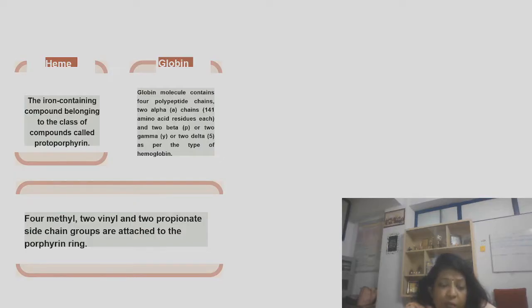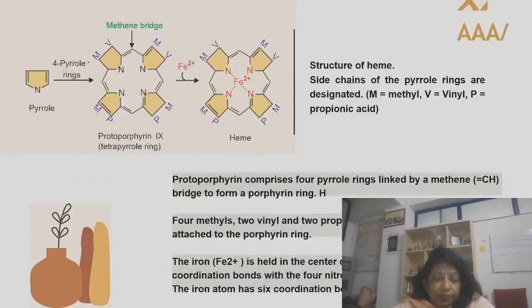The globin molecule, which is also present in the hemoglobin, contains 4 polypeptide chains, 2 alpha and 2 beta, which contain 141 amino acid residues in each chain, and 2 beta or 2 gamma or 2 delta as per the type of hemoglobin. ह्यूमन हीमोग्लोबिन में अल्फा 2 बीटा 2 होता है जो नॉर्मल होता है। इसके अलावा बीटा के अलावा गामा डेल्टा भी होता है। 4 methyl, 2 vinyl and 2 propionate side chain groups are attached to the porphyrin ring.